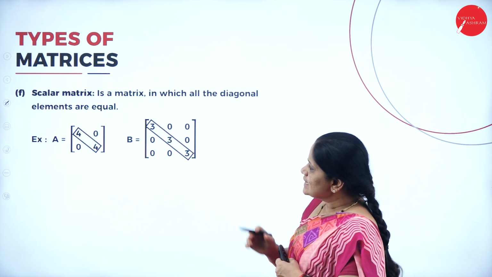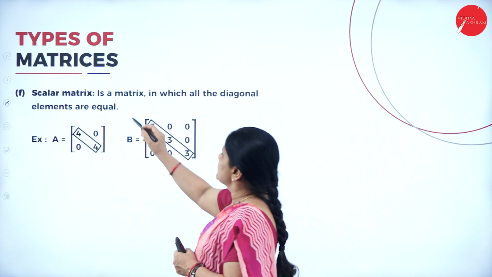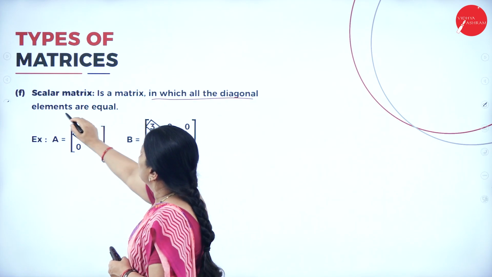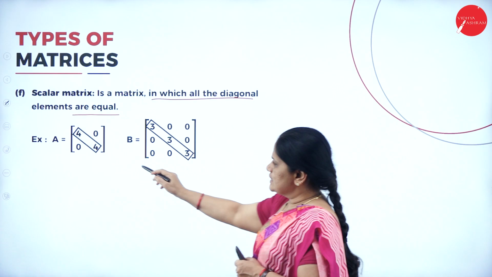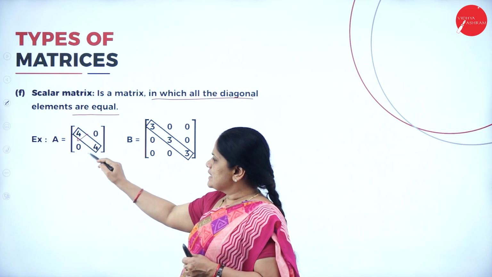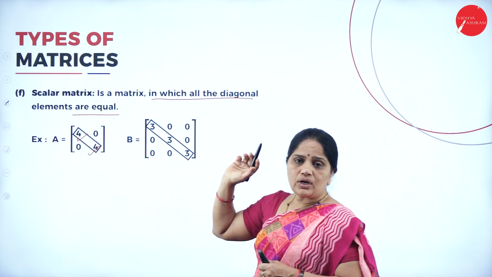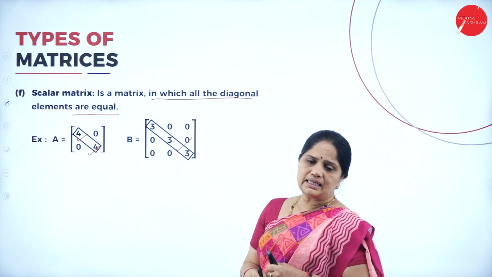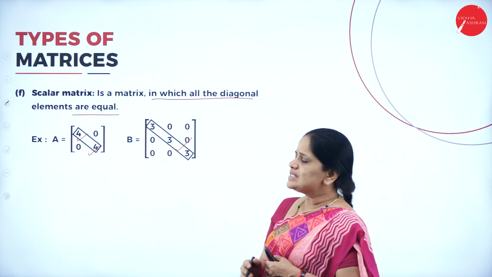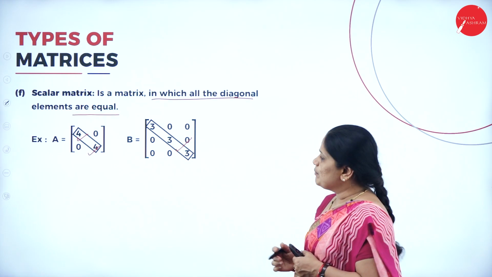The next one is the scalar matrix. It's a matrix in which all the diagonal elements are equal. Here you can see the diagonal elements are 4 and we find only 4 there. Here the diagonal elements are 3, we don't have any other numbers, so it is a scalar matrix.